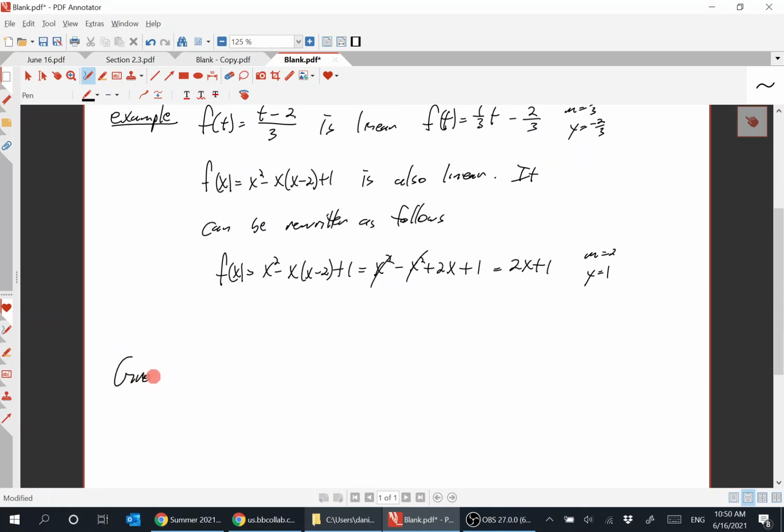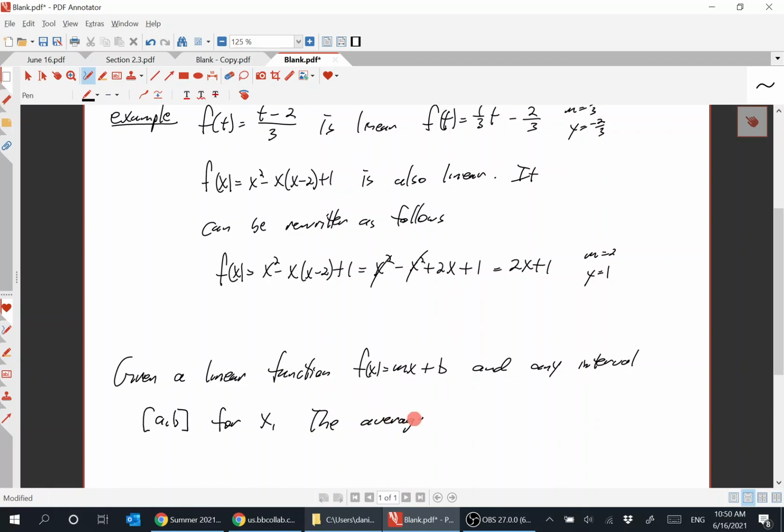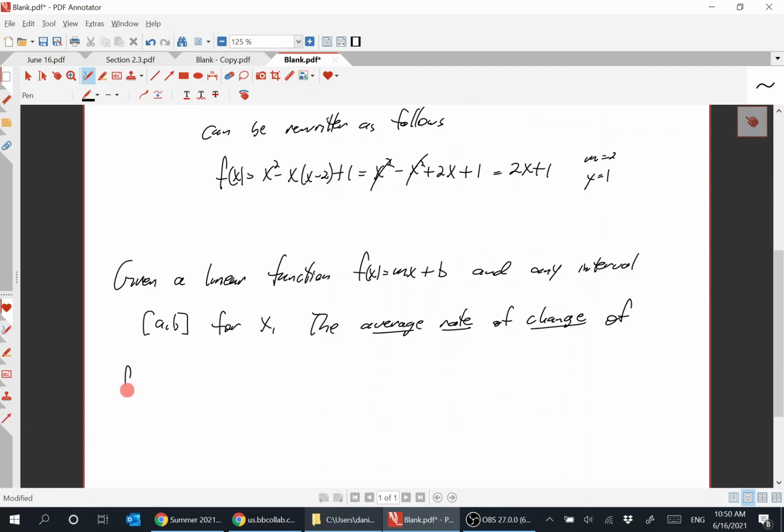So given any f of x equal to mx plus b, and any interval a comma b for x, the average rate of change of f of x on that interval is always just the slope m, right?